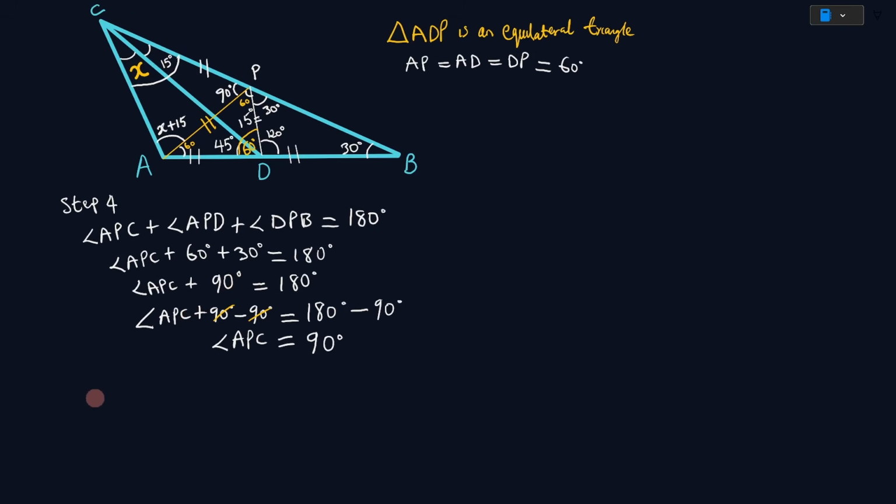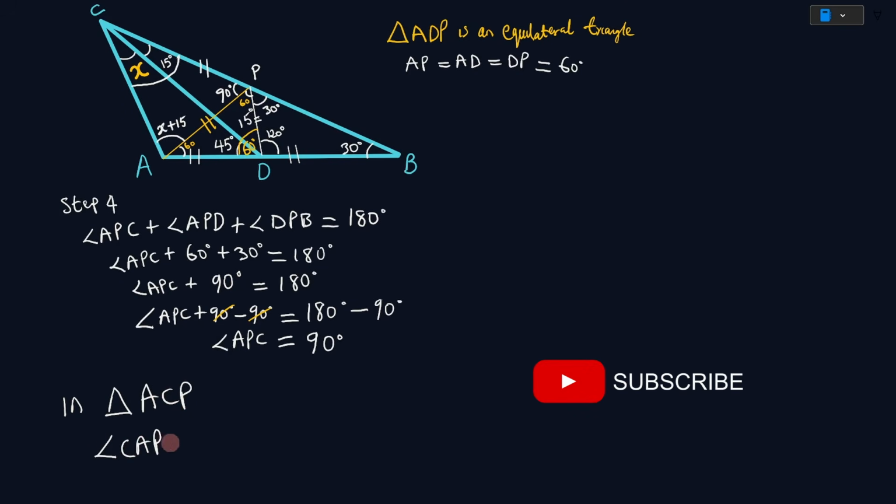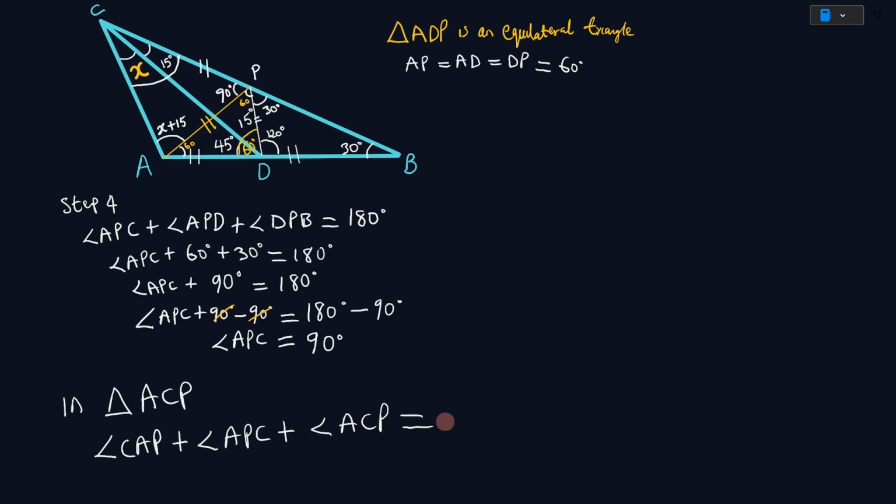We'll now have that in triangle ACP, angle CAP plus angle APC plus angle ACP are all equal to 180 degrees. The reason is the sum of the interior angles of a triangle is equal to 180 degrees.